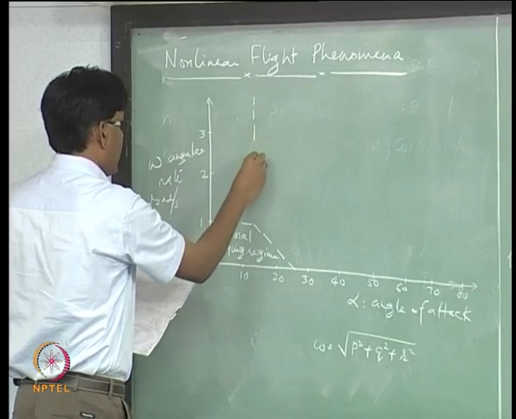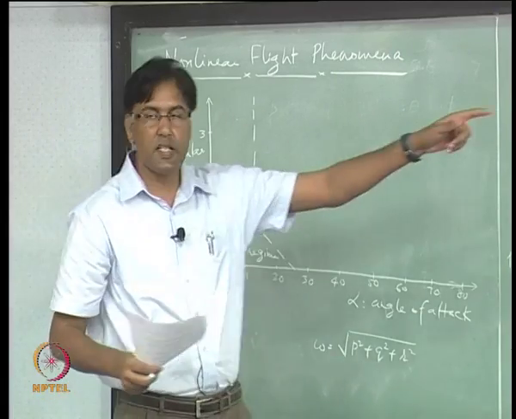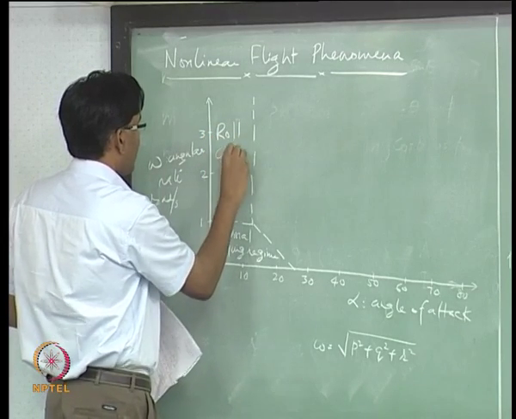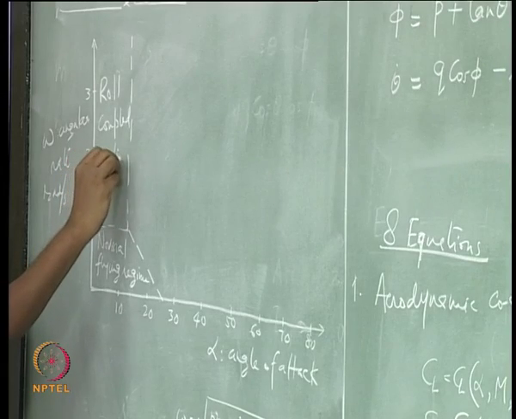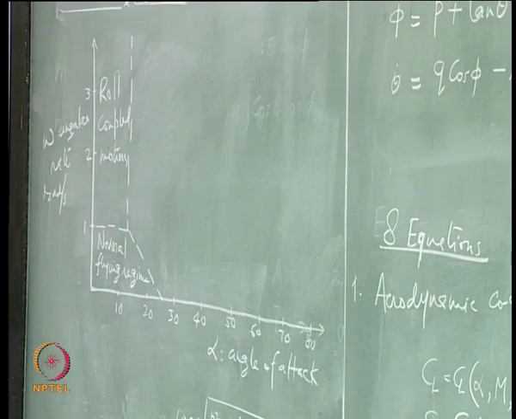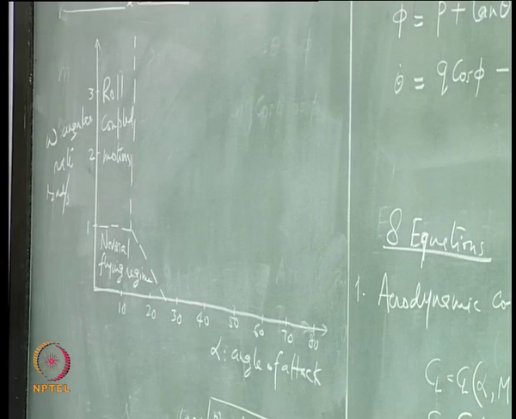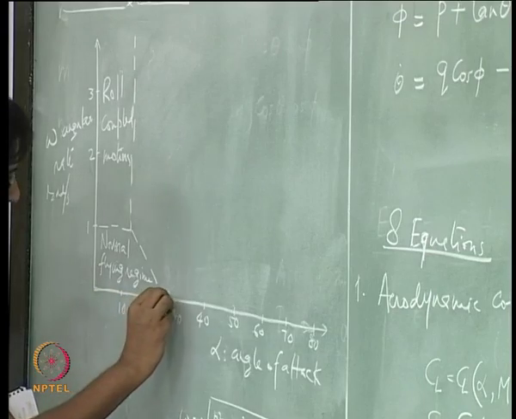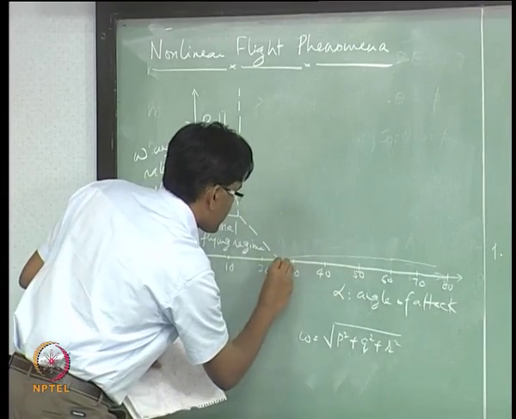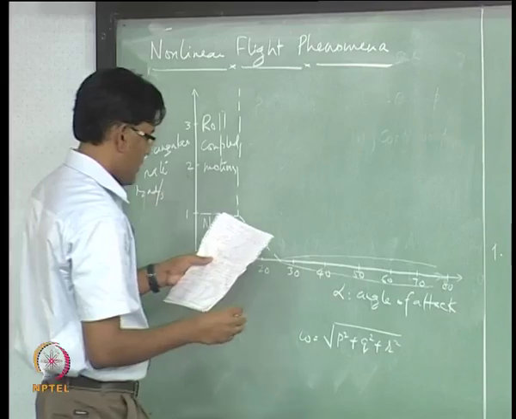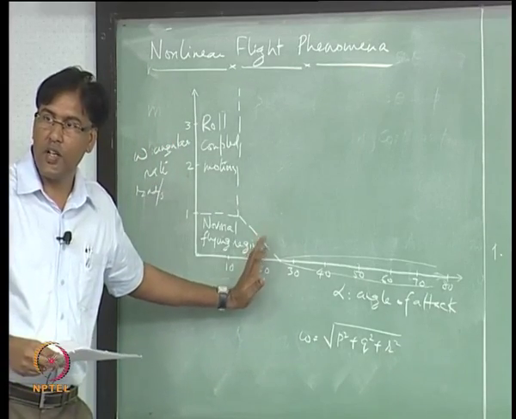And at low alpha further, because of the inertia coupling term, you see what is known as roll coupled motions, okay, at low alpha because of high angular rates, and this is mainly because of this Ixx term becoming very small. Then you have stall, right, beyond this point you have stall.